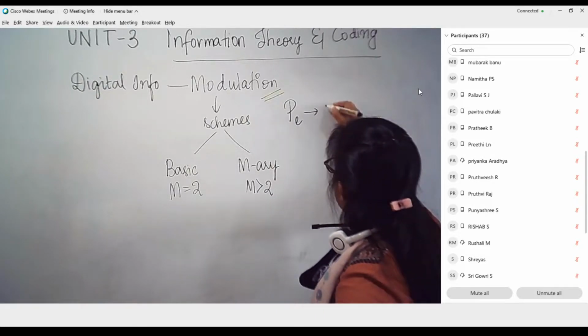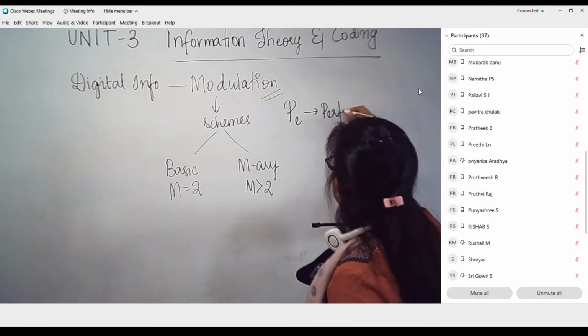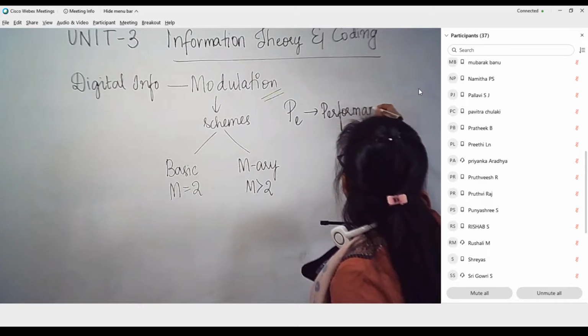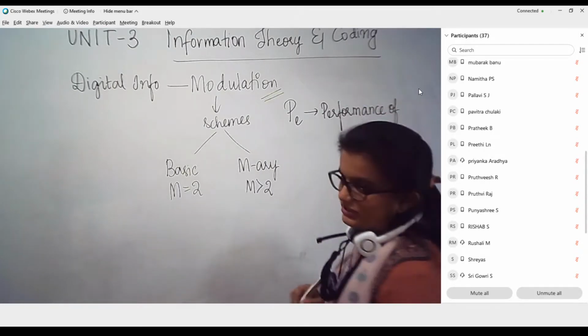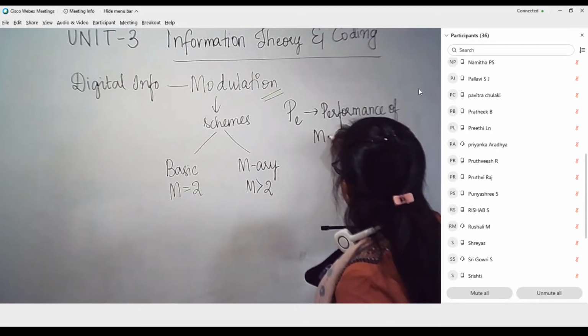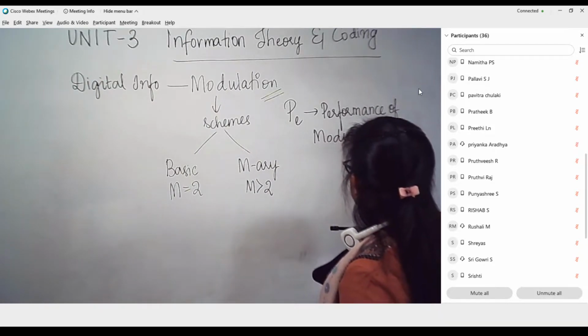So we have made the performance analysis by measuring the probability of bit error for every modulation scheme.